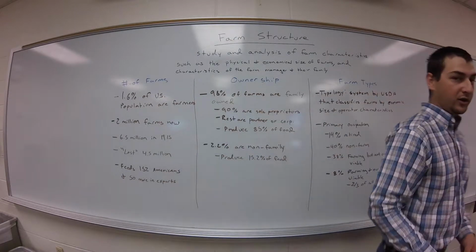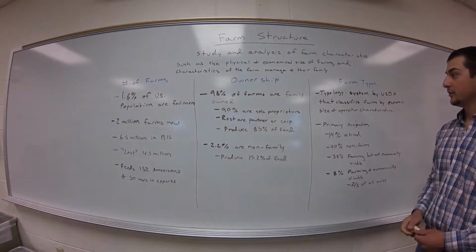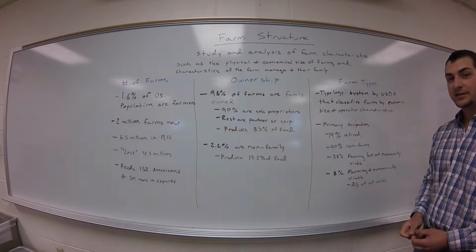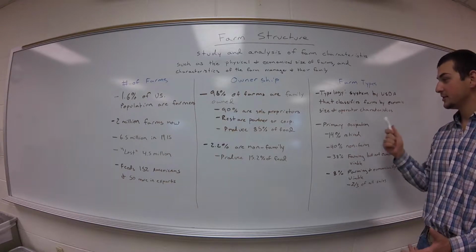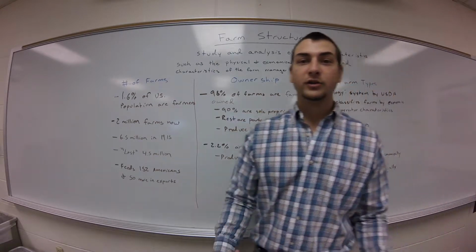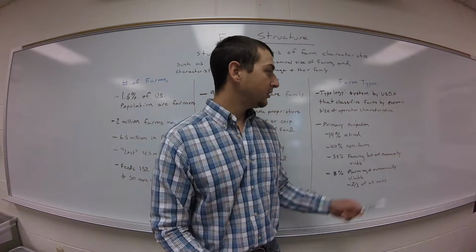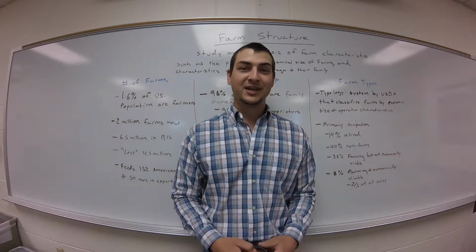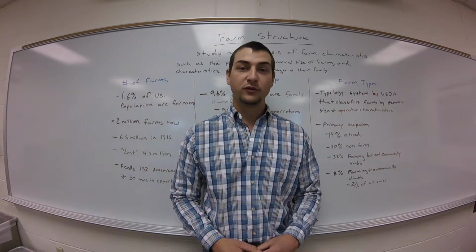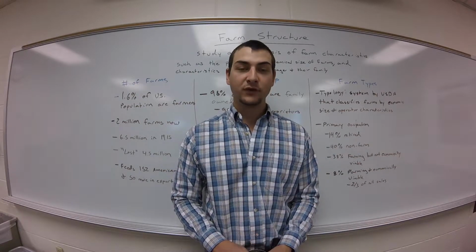Now, if we jump over here and we talk about the farm types, the last thing I want to talk about today, there is a system developed by the USDA that classifies the farms by their operation size, their economic size, and their operator characteristics. So it looks at how large this farm is, how much revenue it is generating, and then it also looks at the operator characteristics, such as a statistic I was seeing a while back that a large portion of the owners of the farms are over 65.